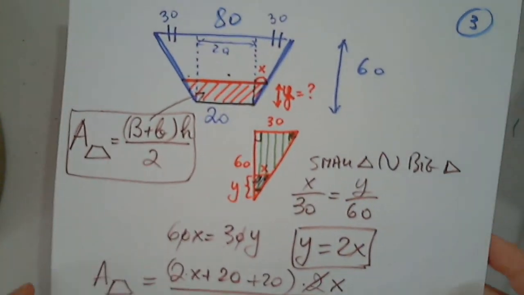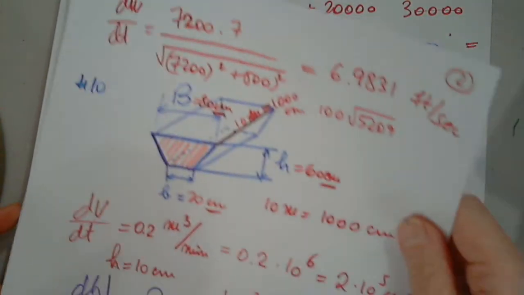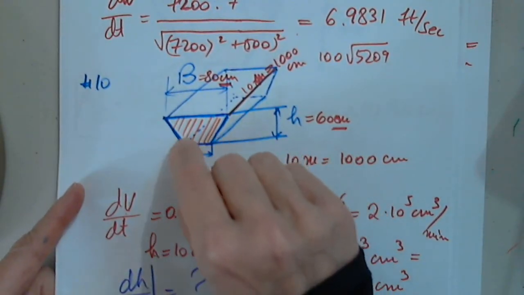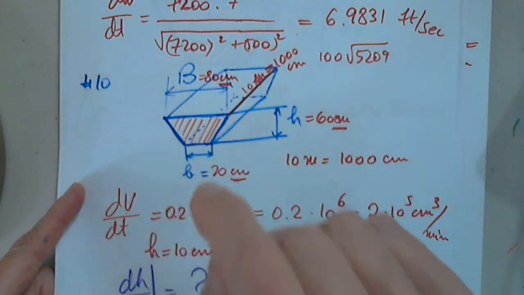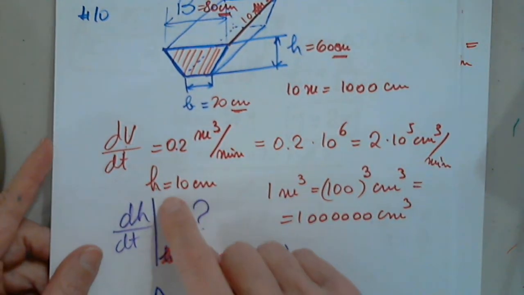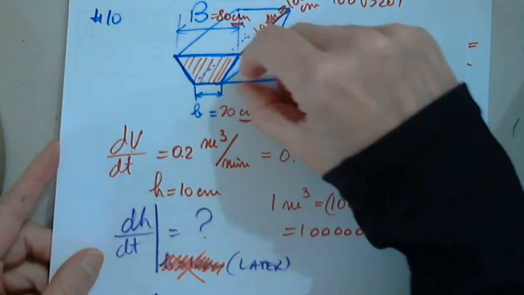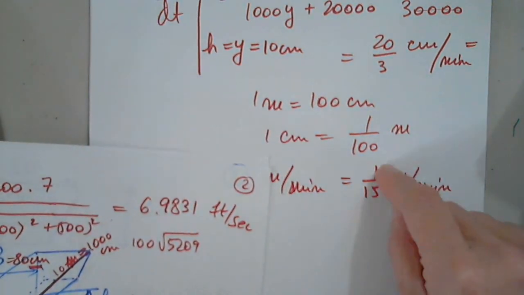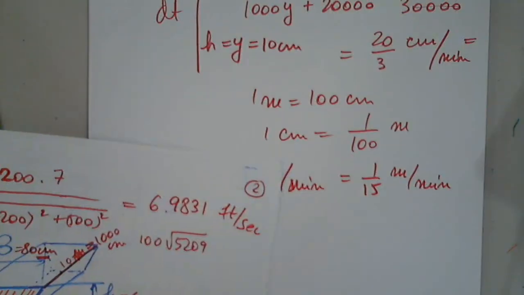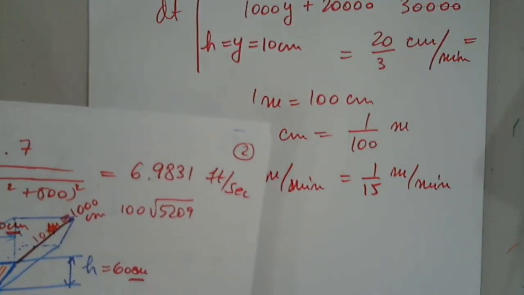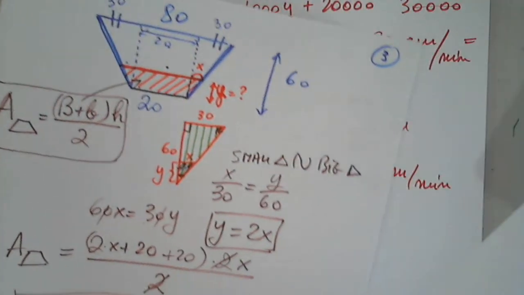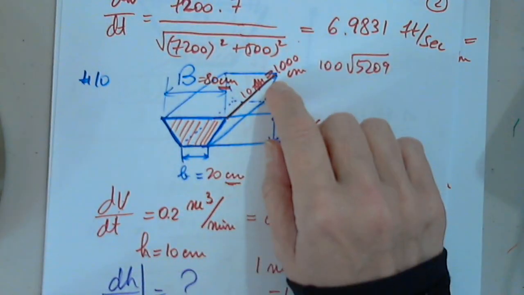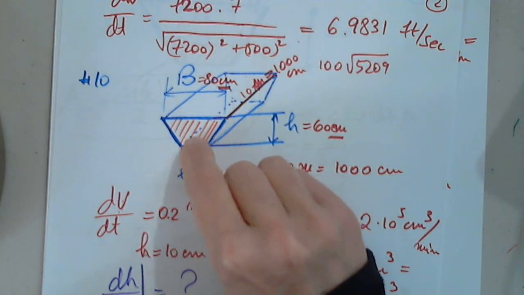As we fill up, where is my first page? Oh, this is it. So as we fill up, at that particular instant, when the height, when this is 10, the height changes at 1/15 meters per minute. Interesting problem. We cannot determine the volume of water as is. I have to determine the volume of water.